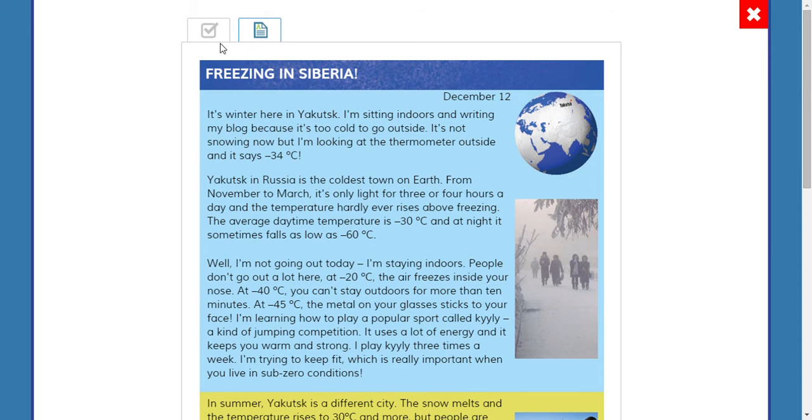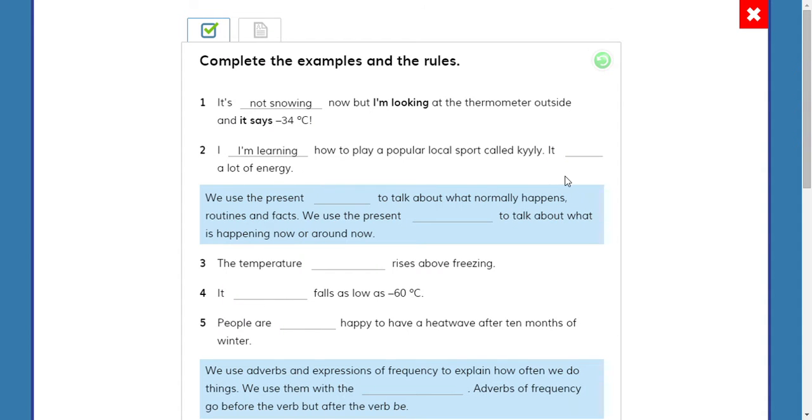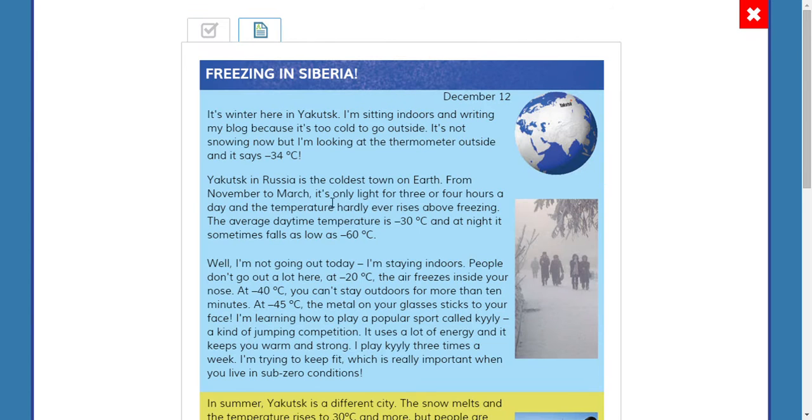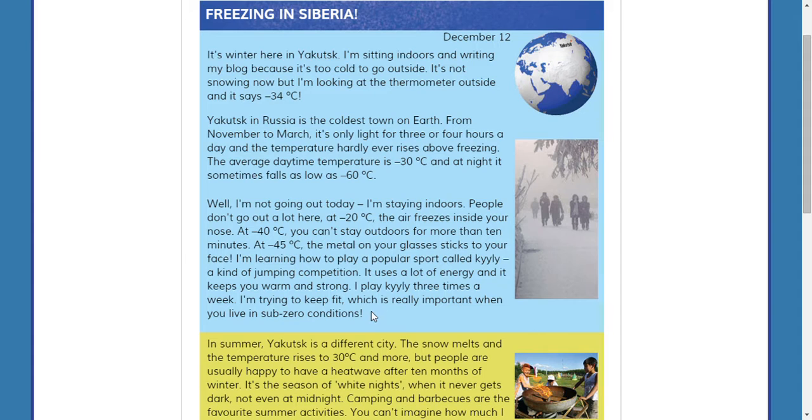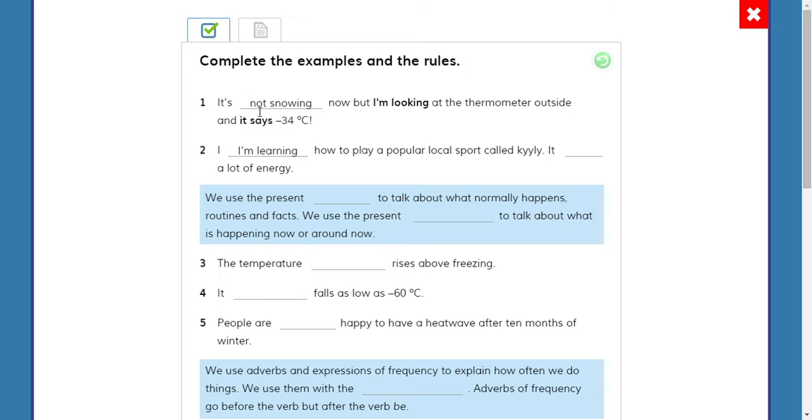What is the answer? It says it uses a lot of energy. What is a lot of energy? Jumping competition, it uses a lot of energy. So you need to remember, it uses a lot of energy.